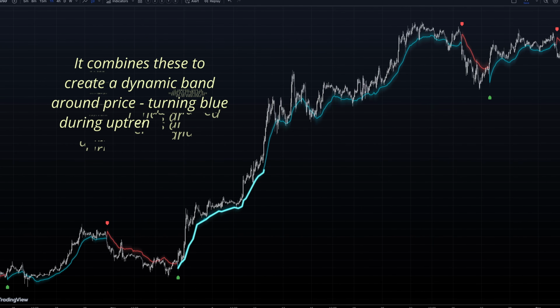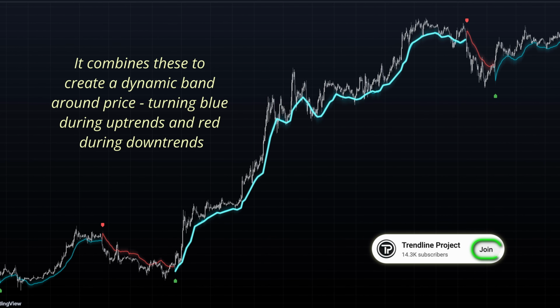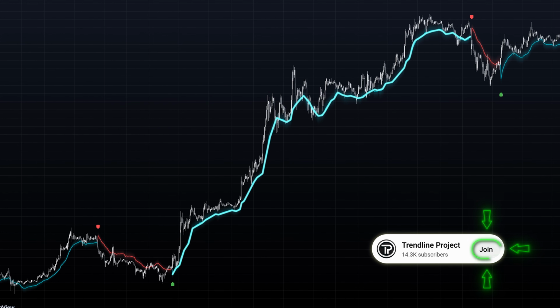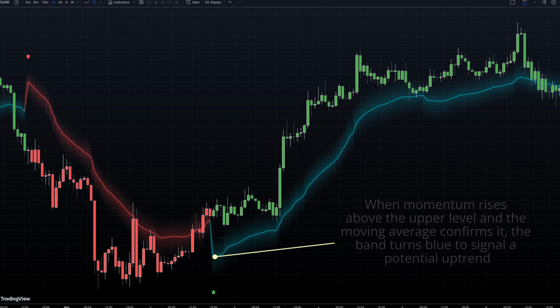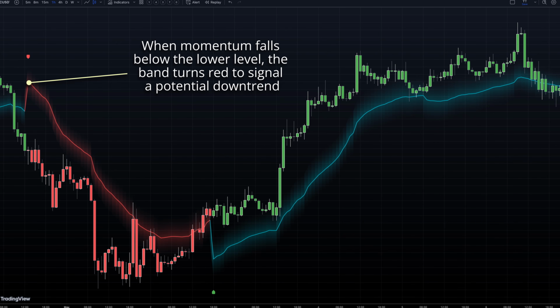It creates a dynamic range around the price to help traders spot potential trend changes by calculating the average of RSI and MFI values to measure market momentum. Positive momentum occurs when this average crosses above the upper threshold while staying above the lower threshold, with confirmation from a short-term moving average. Negative momentum is identified when the average drops below the lower threshold with the same confirmation.